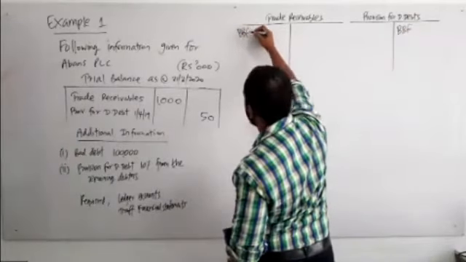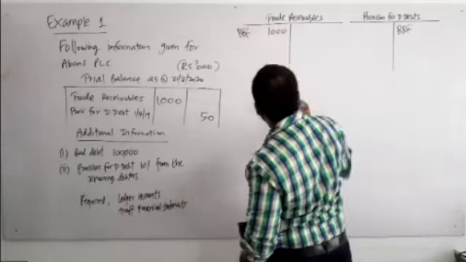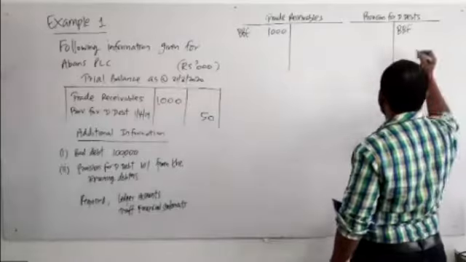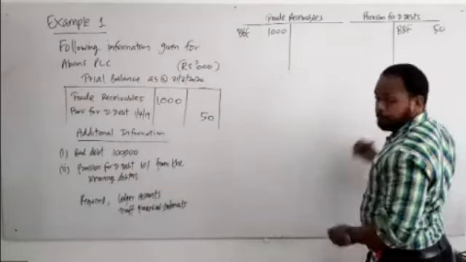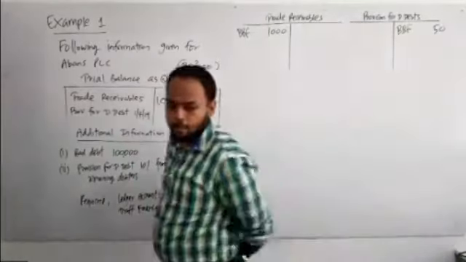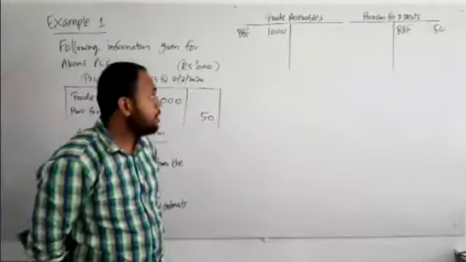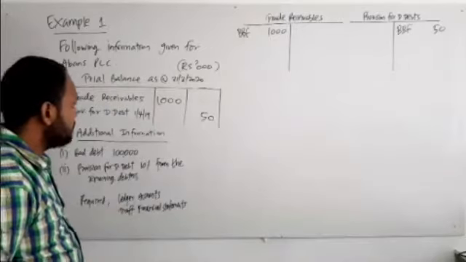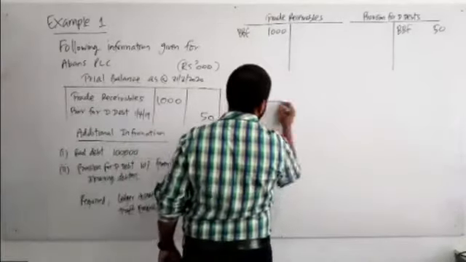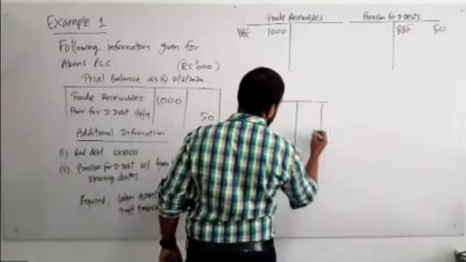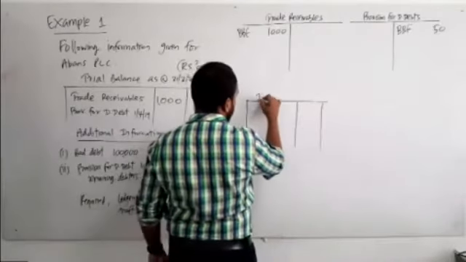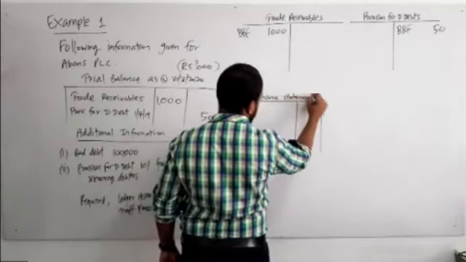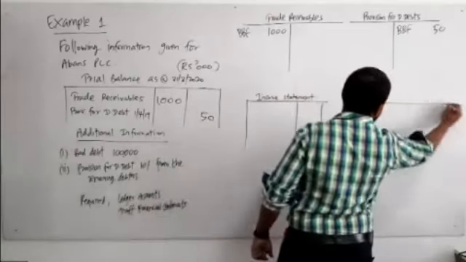Debtors, there is an opening balance. Trade receivables, opening balance 1 million. Provision for doubtful debt, opening balance is 50,000. So we need two ledger accounts and draft financial statements. I will prepare the income statement and statement of financial position.